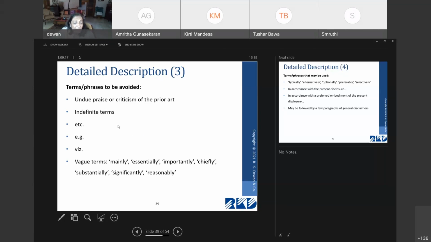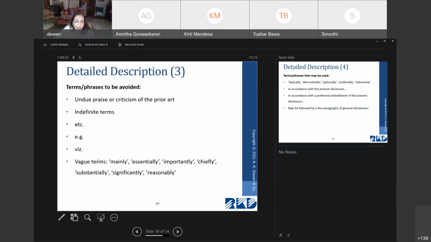All these terms which are not defined, which don't give accuracy, which are ambiguous and can be interpreted in different ways, should be avoided.